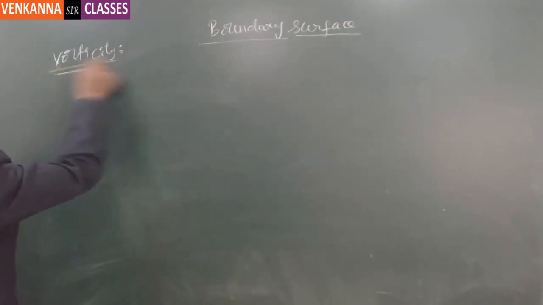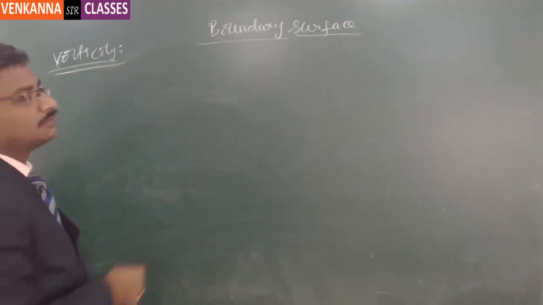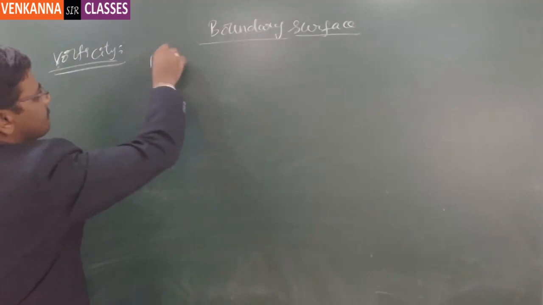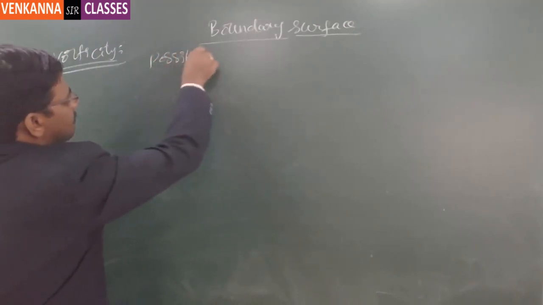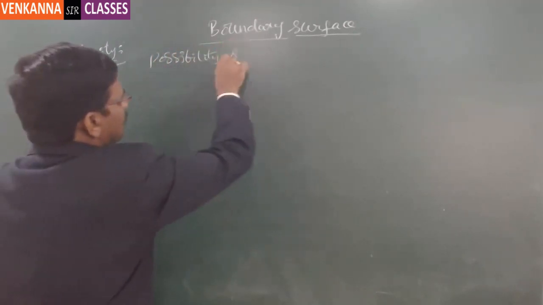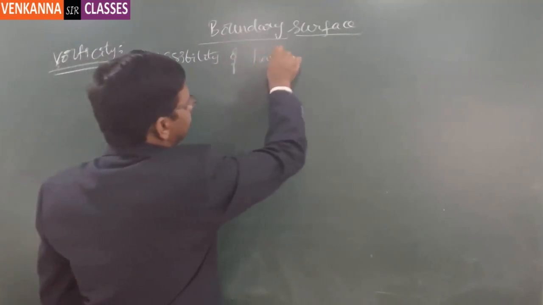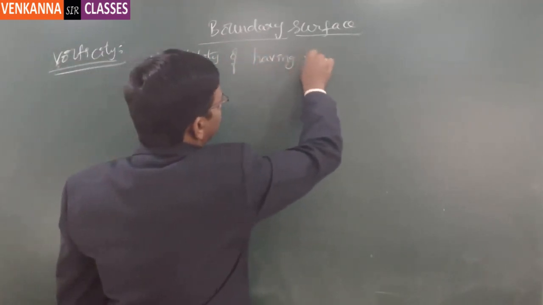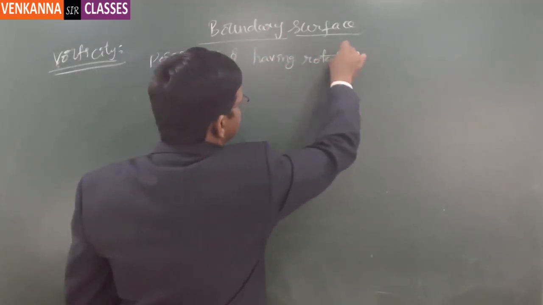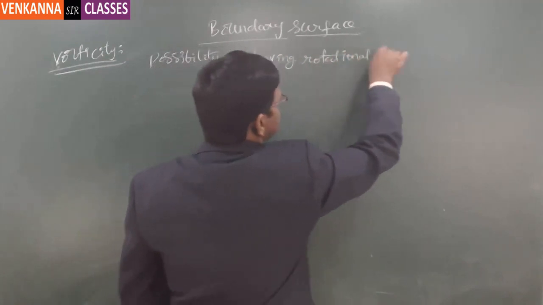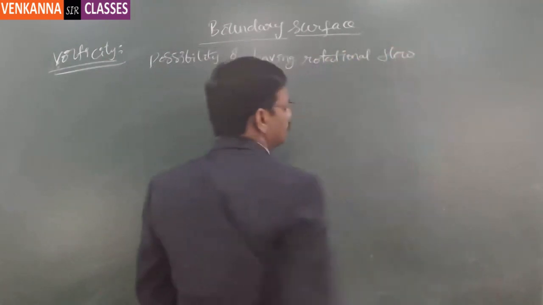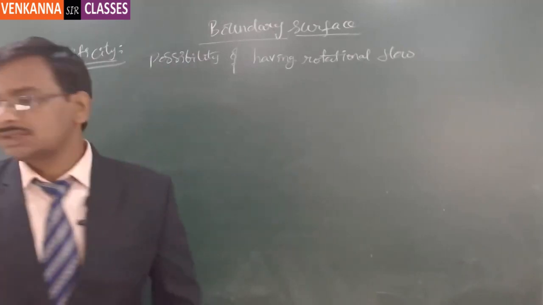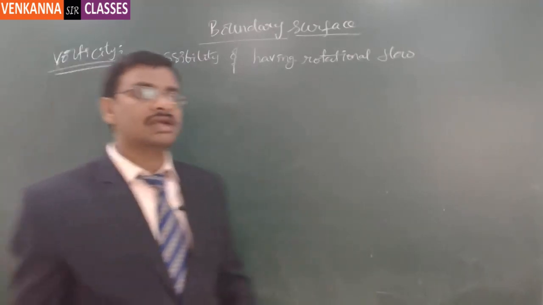So vorticity means the possibility of having rotational flow. Vorticity means there are two different kinds of flows.